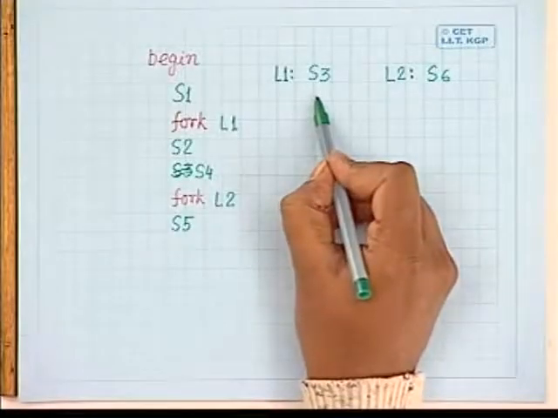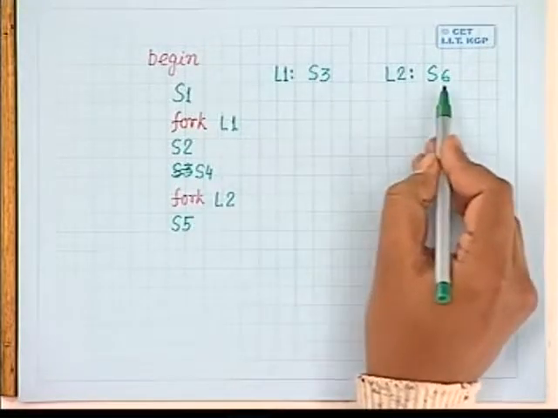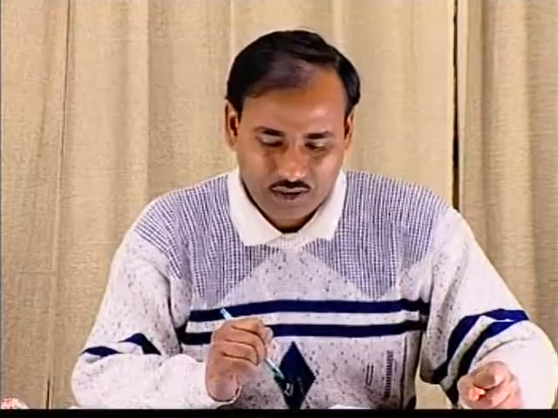At this point, you find that I have three concurrent processes running in parallel. One is executing S5, the other is executing S6, and the third is executing S3. After completion of all these three statements, I have to execute statement S7. But S7 has to be executed by a single process. I have three processes running concurrently, so the other two must be terminated when they have completed their job. How do you do it? That is what the join statement does.